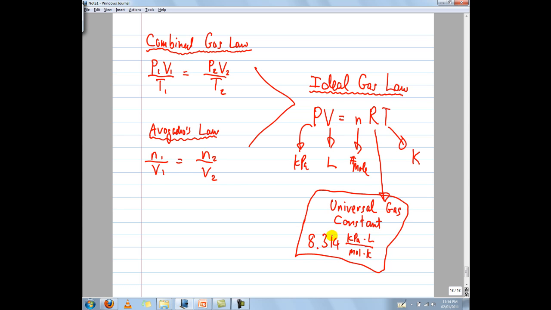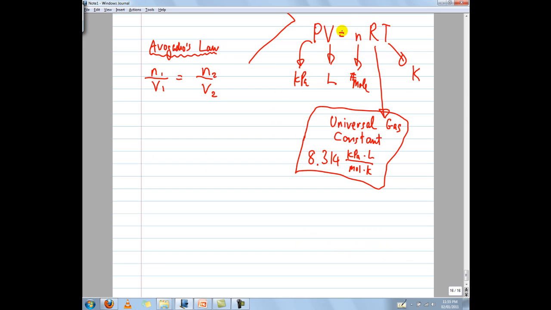Now, where did this number come from? This is an experimentally derived number. Through multiple experiments, they found that 8.314, when you plug it in here, allows the whole equation to work out nicely. Now, if you ever forget this number, what you can do is solve the ideal gas law at STP.